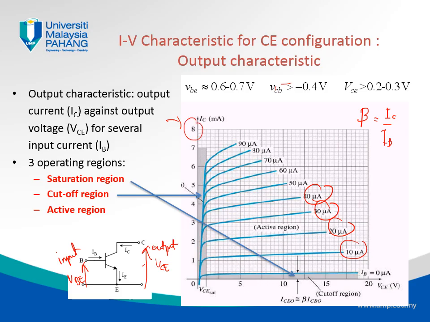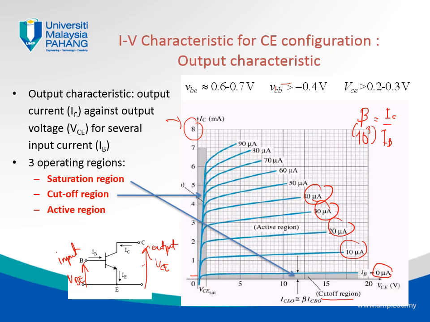So here we have a gain on the order of 10 to the power 3. So the first region is the cut-off region, when our current is 0 ampere. We will not observe, or will observe only a very small amount of IC.